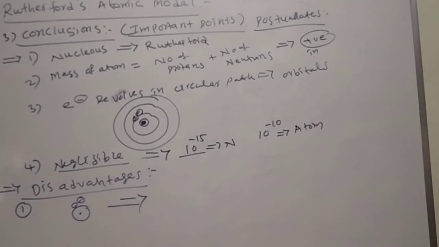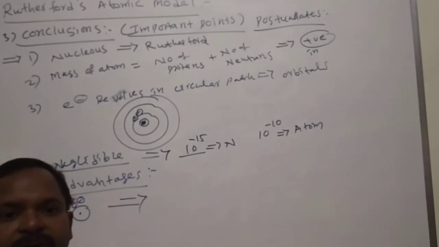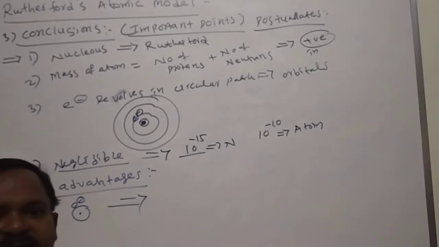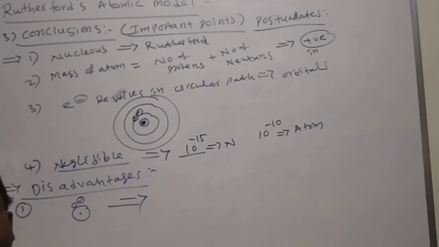Any charged particle revolving around the nucleus in circular paths should fall down into the center of the atom. But it does not happen here. This Rutherford theory fails to explain this concept.